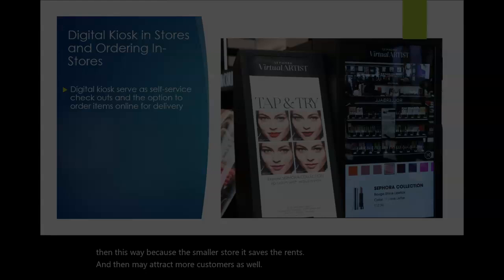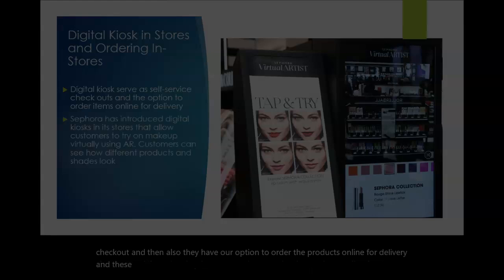In the physical store, there is also the digital kiosk that can help deliver omnichannel customer service. A digital kiosk serves as a self-service checkout, and also has the option to order products online for delivery. These can be considered an endless aisle concept.